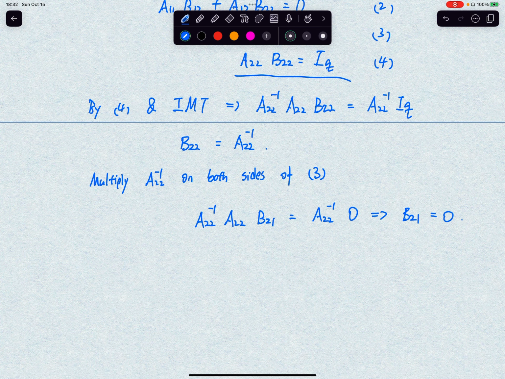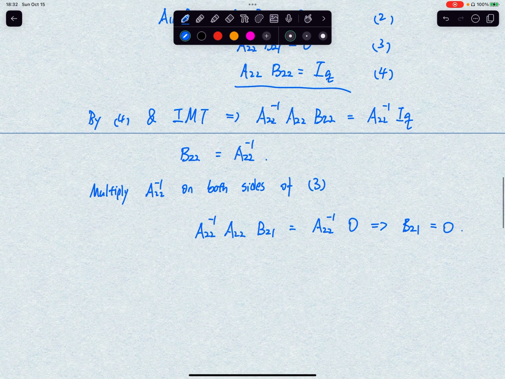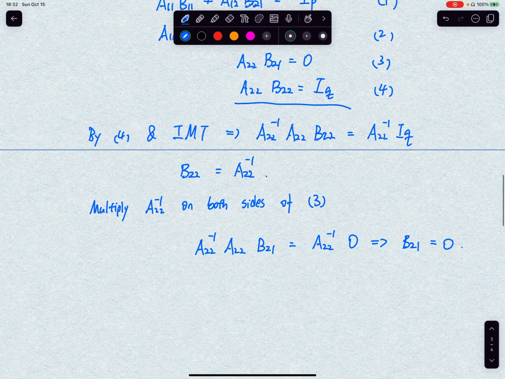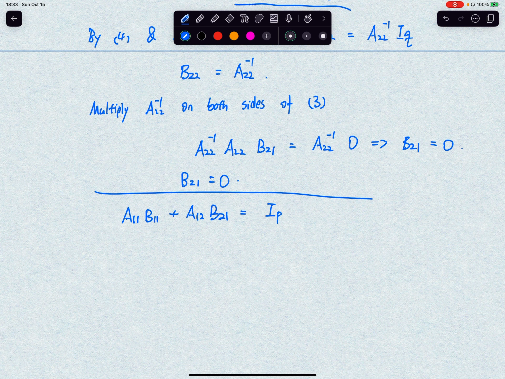And therefore, let's go back to our first equation. Let us just copy this down. In the first equation, we have that A21 is 0, so plug in B21 is 0.